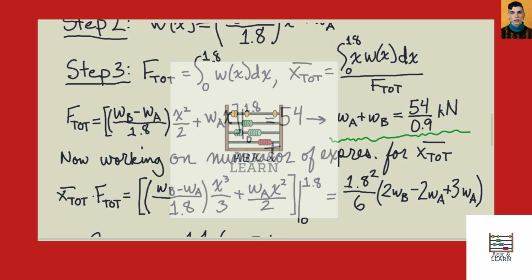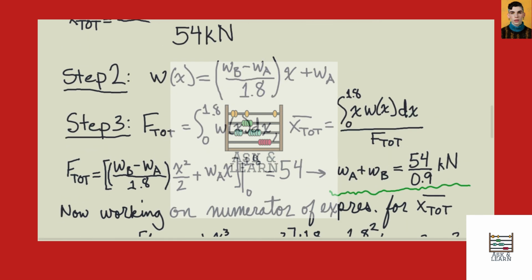So let's do the integrals for these two. First, for the total load, if we integrate this linear equation over x, and again, that's the product of w of x dx, over the span of the beam, we're left with the slope times x squared over 2 plus w sub a, the offset, times x.